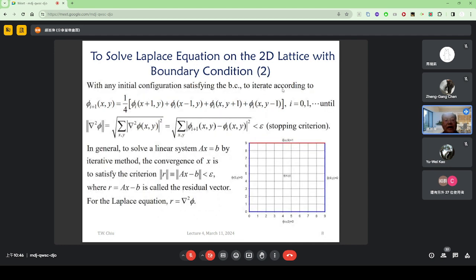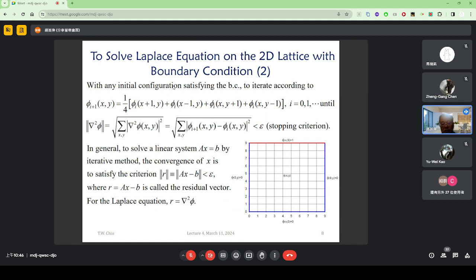So start with any initial configuration of the field, as arbitrary as you like, random is fine, that satisfies the boundary condition.